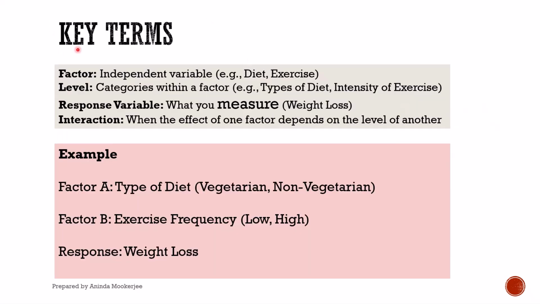We will now talk about some of the key terminologies that we will be using and referring to in our study of two-way ANOVA. We will start with understanding what a factor is. A factor is an independent variable which affects the particular variable that we are studying.